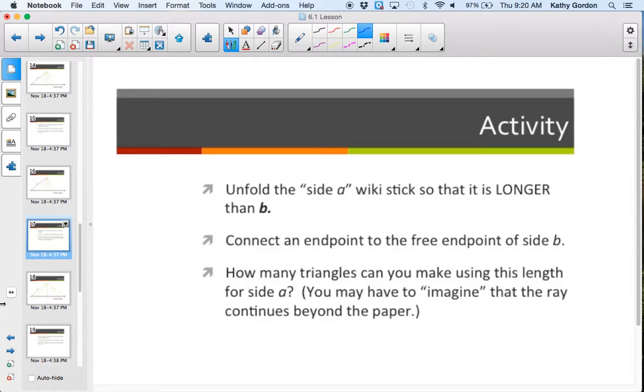Now you'll notice here it says you may have to imagine that the ray continues beyond your paper, because depending on how long your wiki stick is and what your angle was, you may run off your paper. But that's why there's an arrow at the end of your ray. It means it actually continues, so just pretend it continues on and how many can you make?